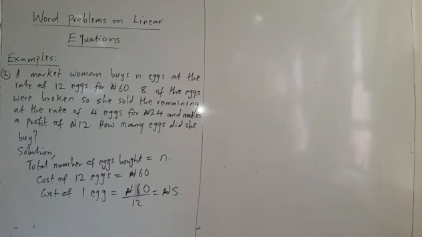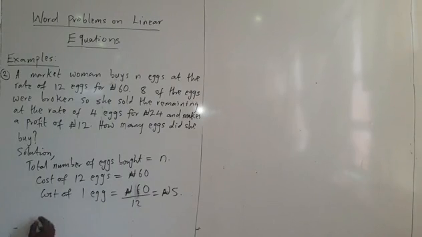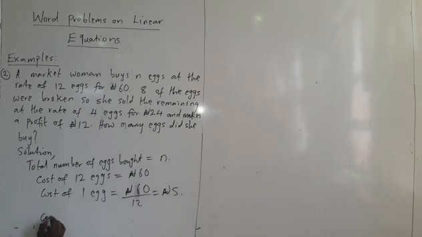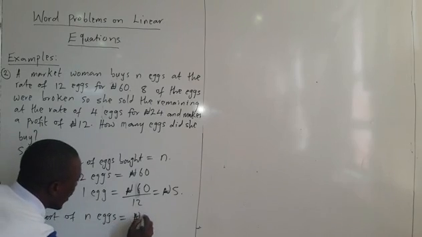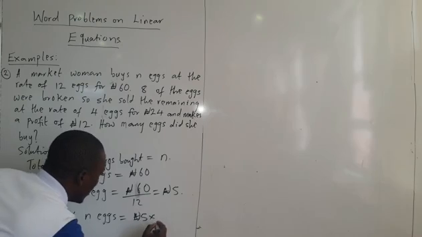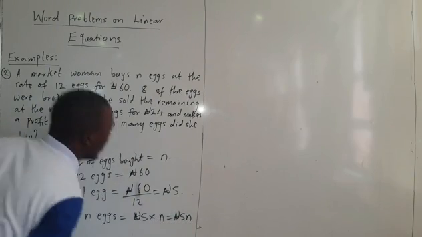So the cost of 1 egg is 5 naira. What will now be the cost of n eggs? The cost of n eggs will now be 5 naira multiplied by n, which is equal to 5n naira.